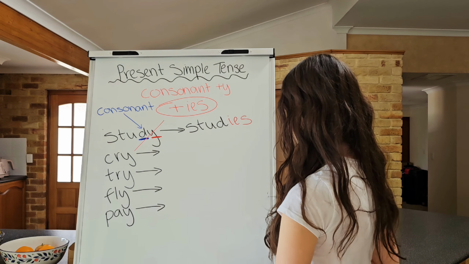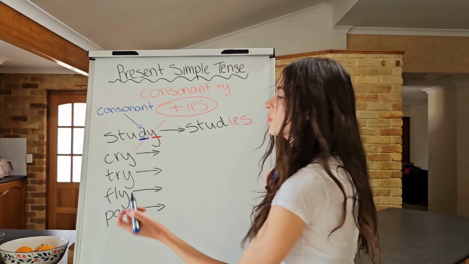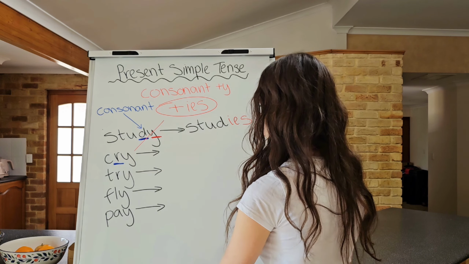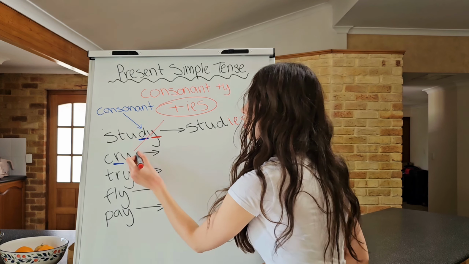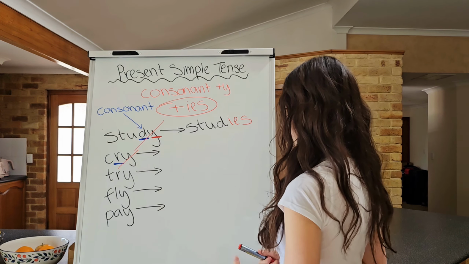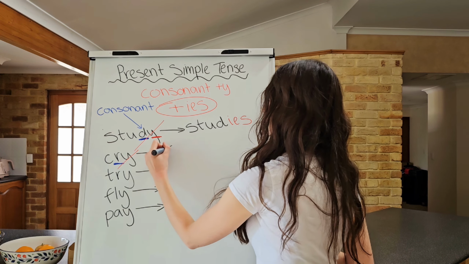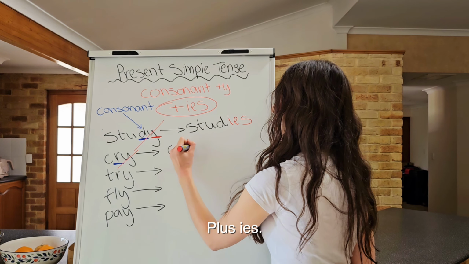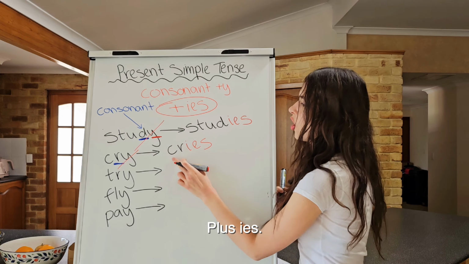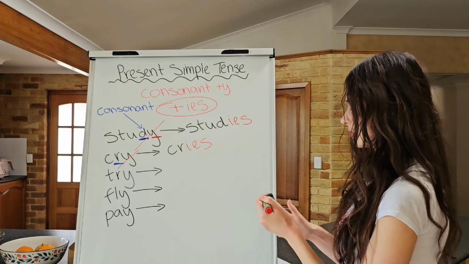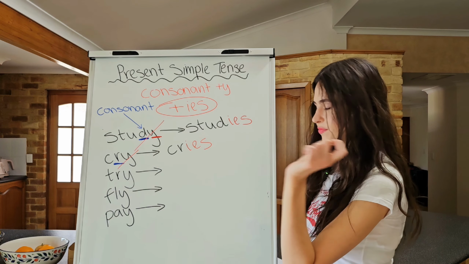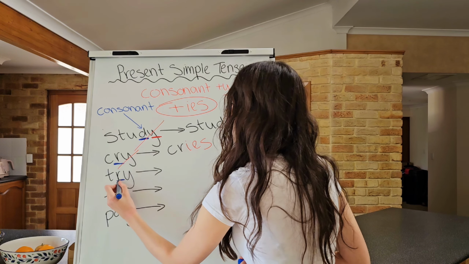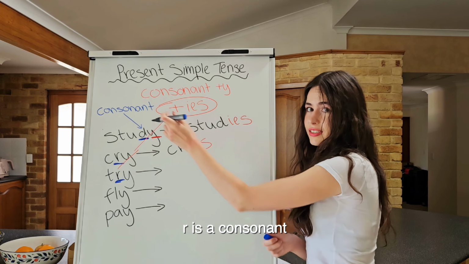Cry. R is a consonant. And Y. Remove Y. Plus I, E, S. Cries. Try. R is a consonant.